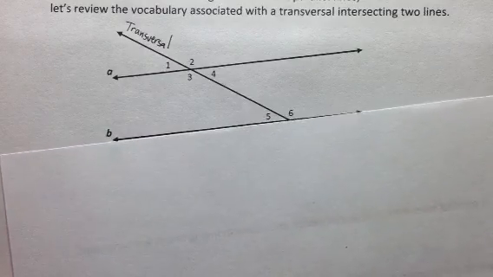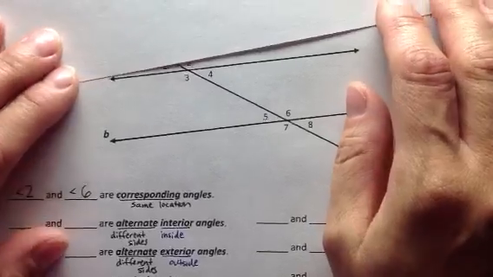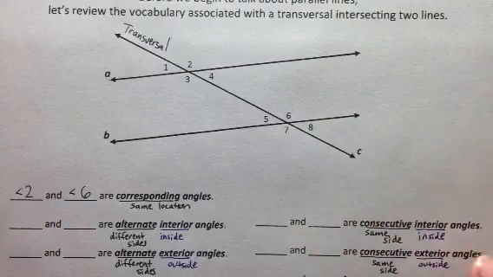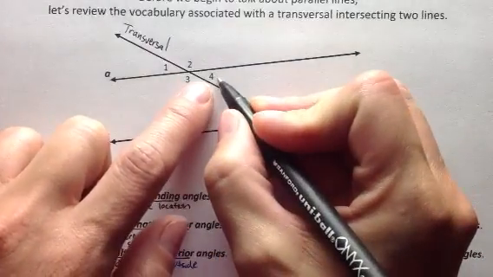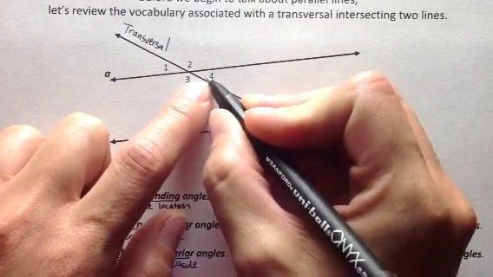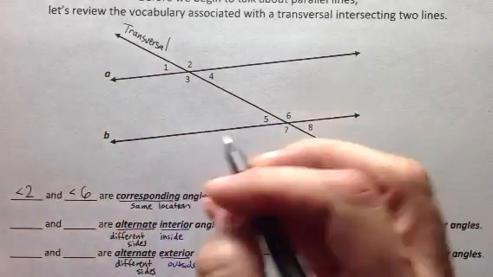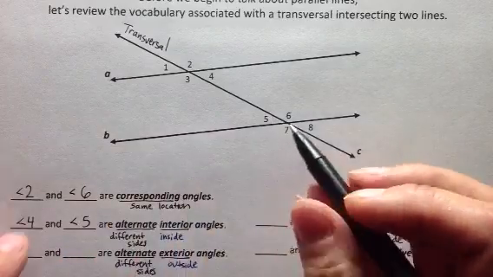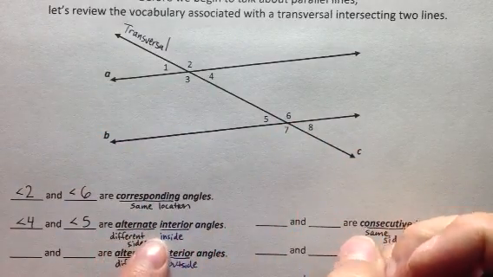So at the bottom here, 5 and 6 are interior angles, and at the top intersection, 3 and 4 are interior angles. So alternate interior angles. So for example, 4, and then that's on the interior, and then on the other side of the transversal is 5. Okay, 3 and 6 would also be alternate interior angles.